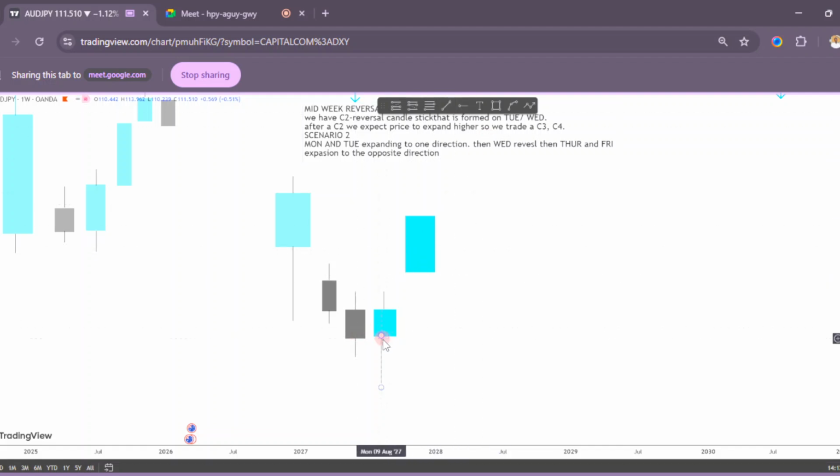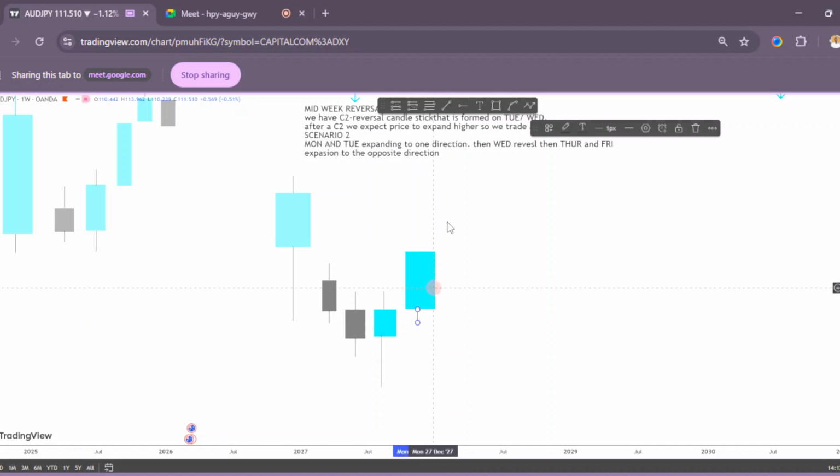On Wednesday we had a reversal candlestick, and then Thursday expansion higher, and you can also expand on Friday higher. So we can have something like that. This is a midweek reversal.